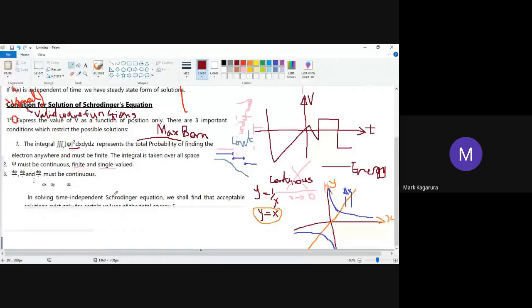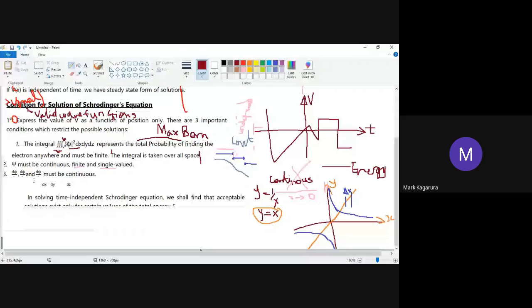But now we have seen that. So maybe we can. This integral is taken over all space. That means from negative infinity to infinity.